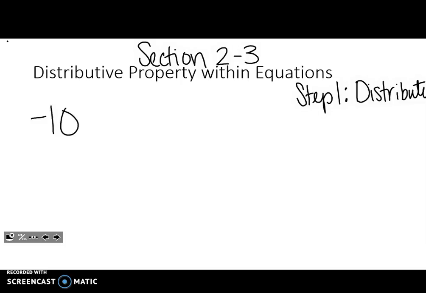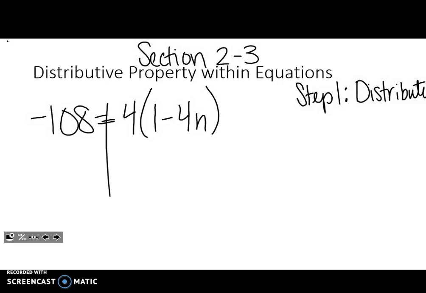So we have negative 108 equals 4 times the value of 1 minus 4n. So we draw a line down our fence. First step is to distribute. So I'm going to take the number on the outside and I'm going to multiply it times both parts on the inside.